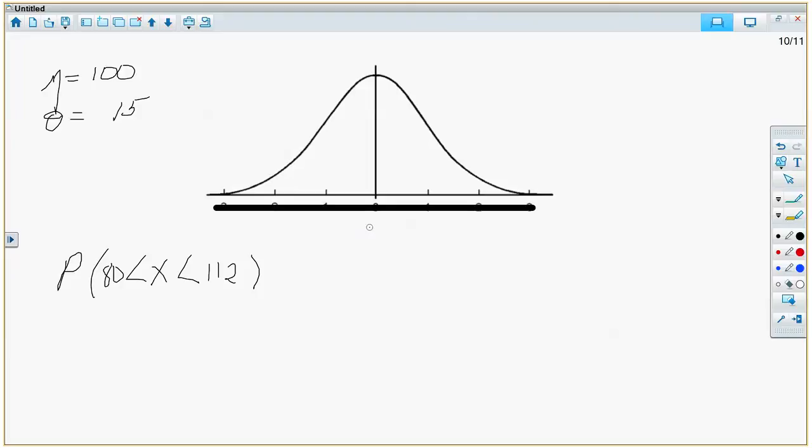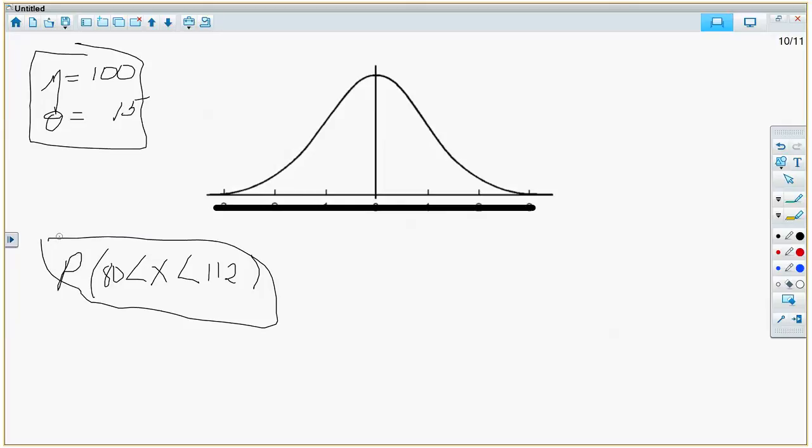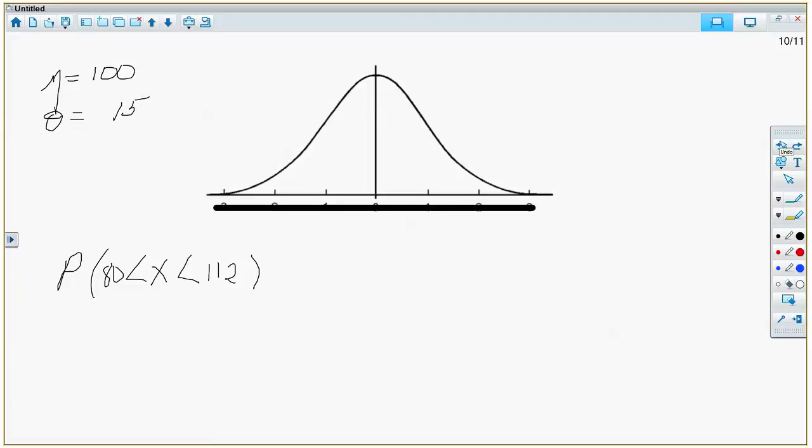Then shade in what you want, and then get the z-scores. If you try to just look at this, you'll stare at it all day long and never figure out what to do. You've got to draw a picture. And I know some of y'all are extra lazy, but if you don't draw a picture on these, you're probably going to fail the test.